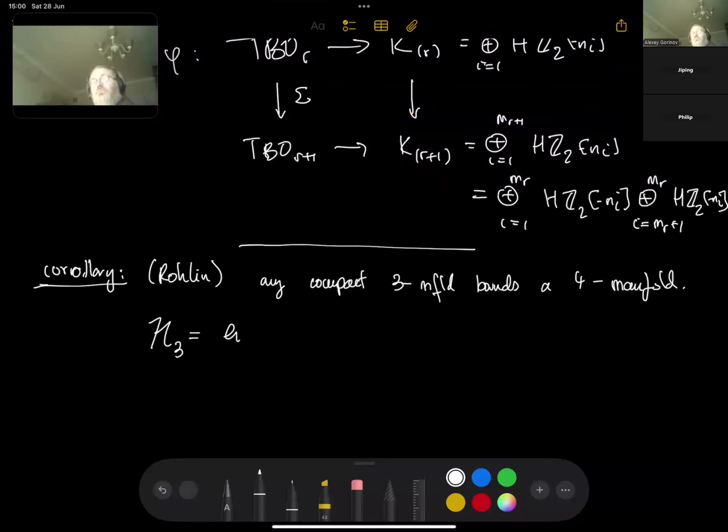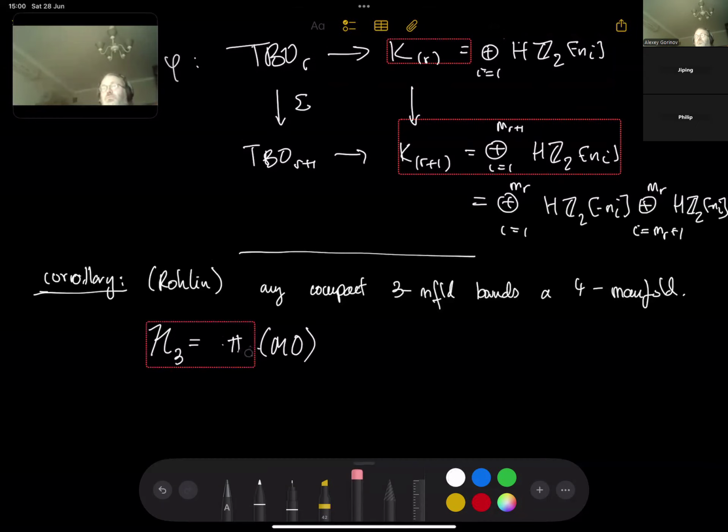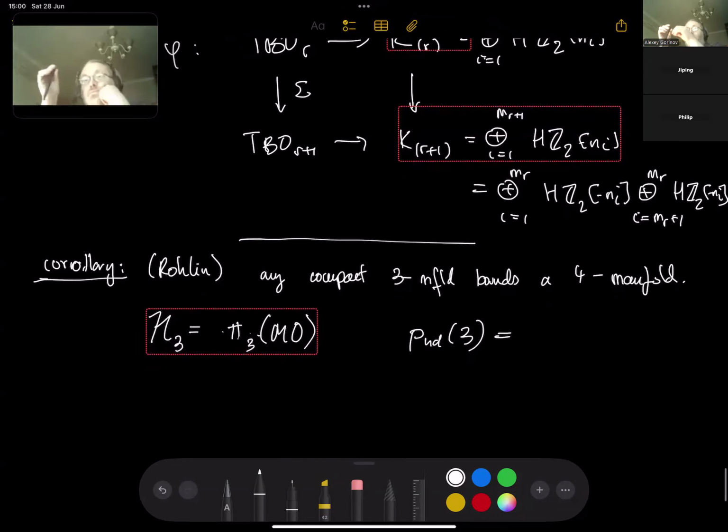So this is the limit, this is by MO. And so we need to count the non-dyadic partitions of three, and there are none. We can't split three into non-dyadic partitions.